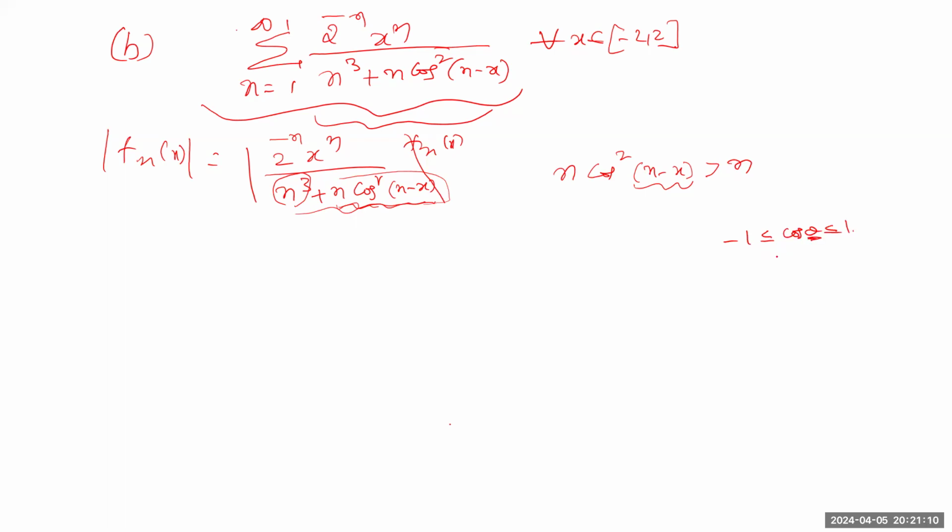Then if you take the square, cos square theta is less than or equal to 1, all values, right? So whatever that value is less than or equal to 1, if you multiply it n times, what is that value?